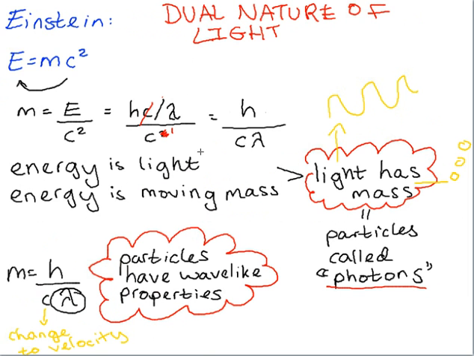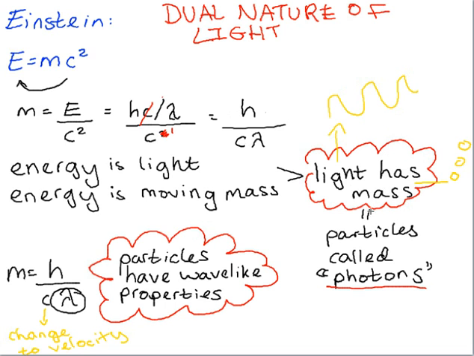So if energy is light, and energy is moving mass, then light has mass, because if these two together are energy, then the wave-like thing that we know as light actually has mass to be energy.